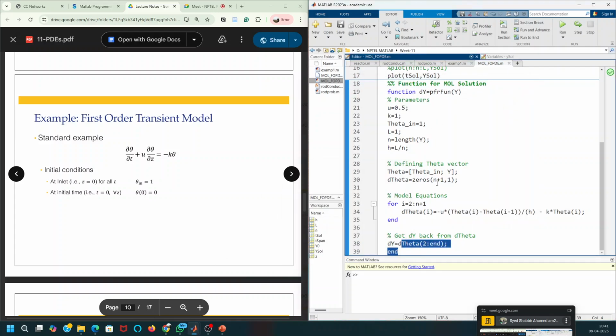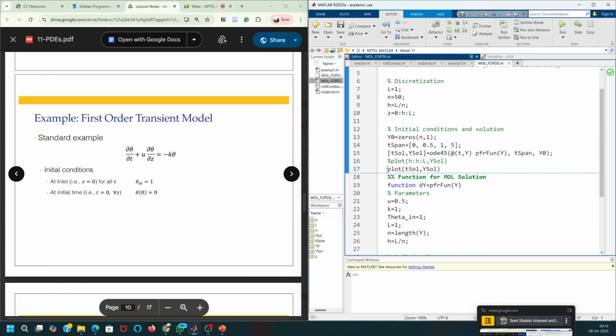Instead of this, I am interested in plotting for all the intervals, taking the x-axis as the space domain, or the length of the rod, instead of time.